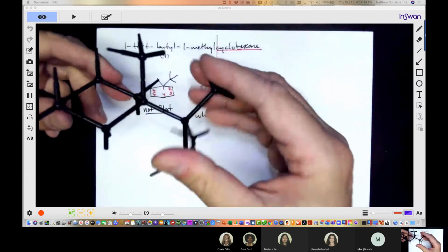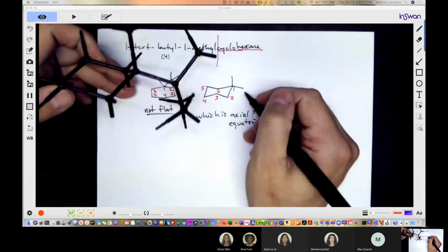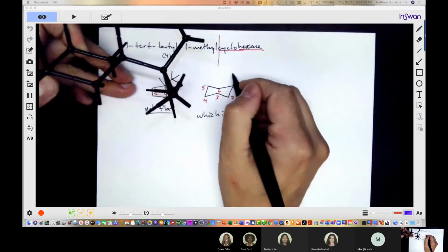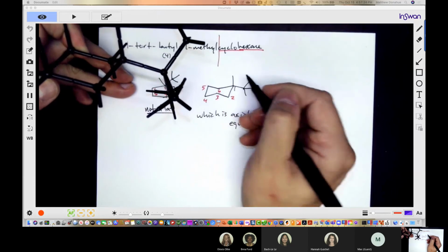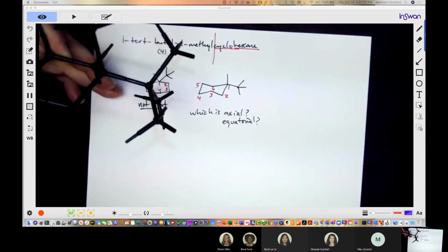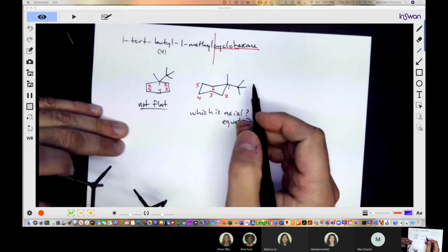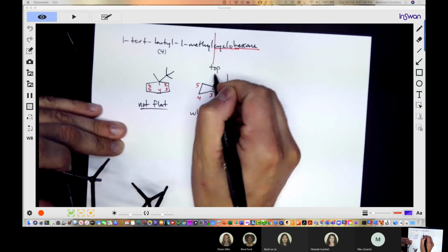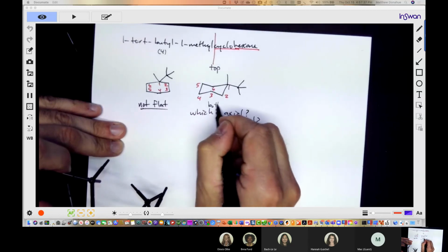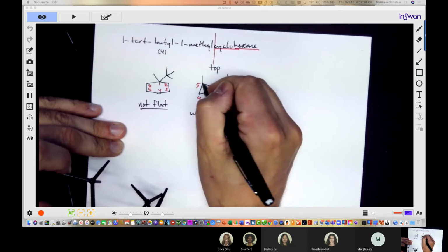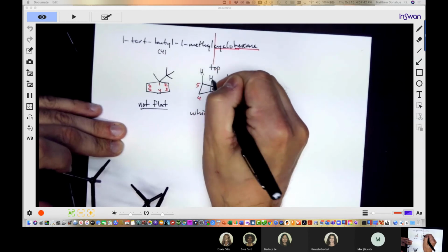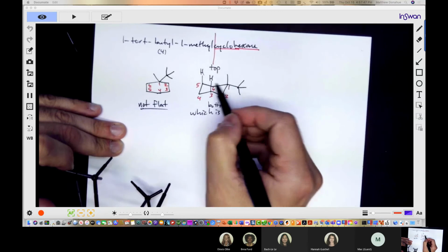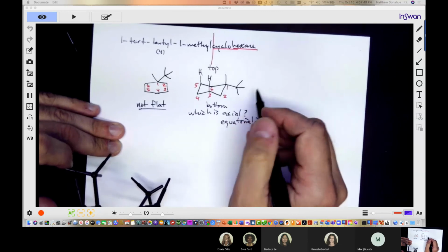The tert-butyl group is very big, and basically we want to put it equatorial versus the methyl group, which is axial, for the following reason. The other axial bonds, top and bottom, are here, and those are both hydrogens. We want to minimize this interaction between all these axial bonds on the top and the bottom.